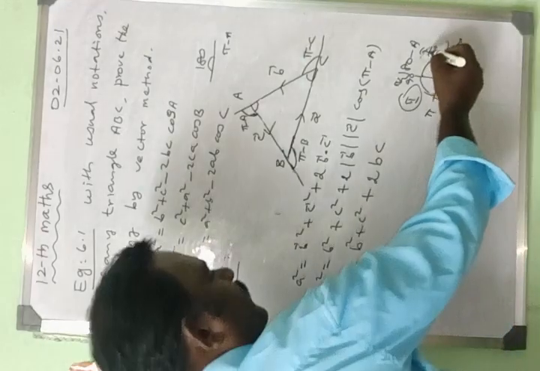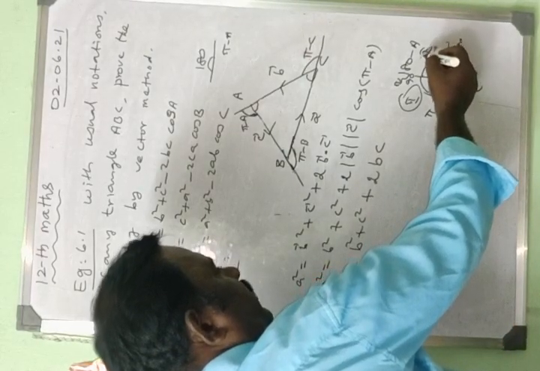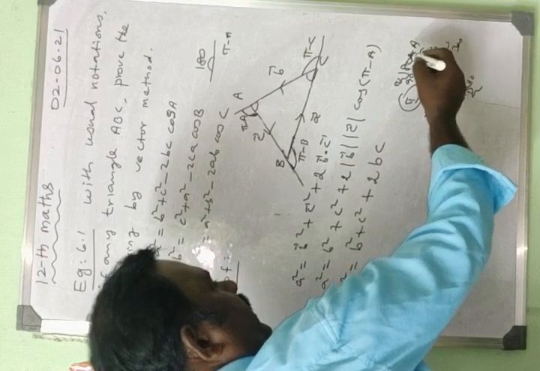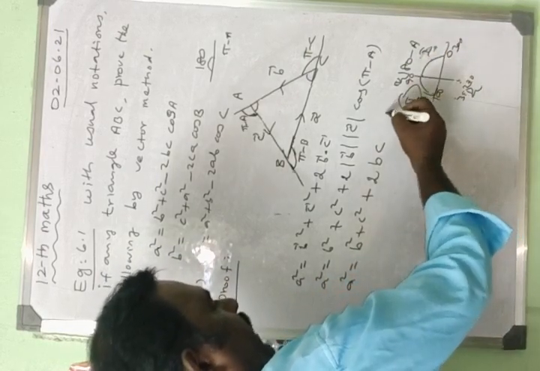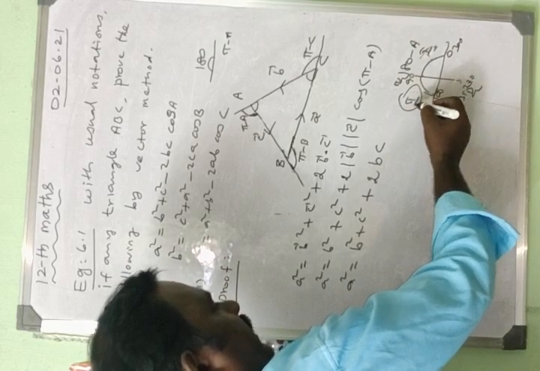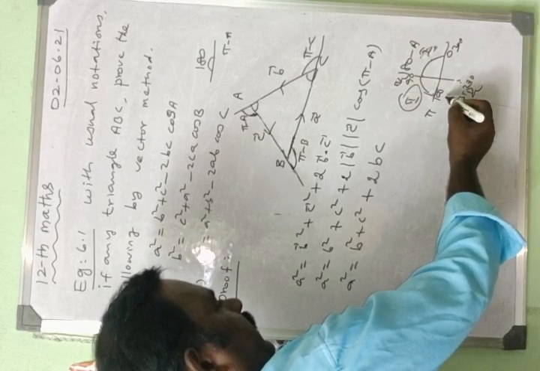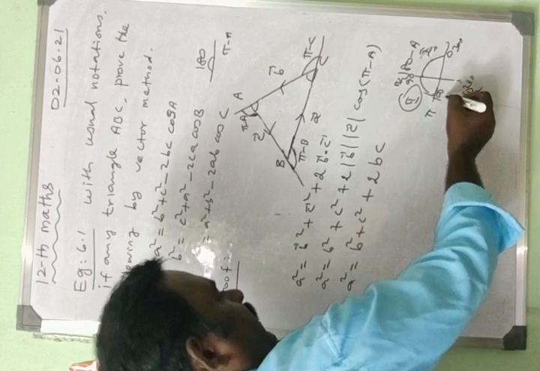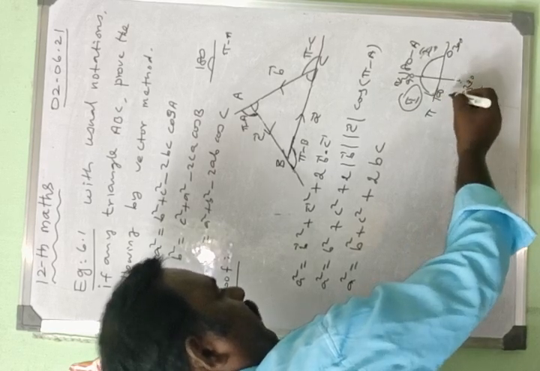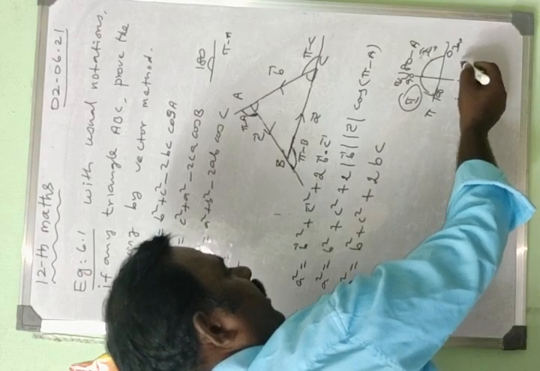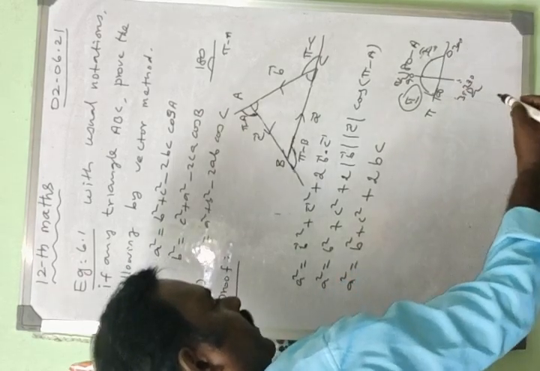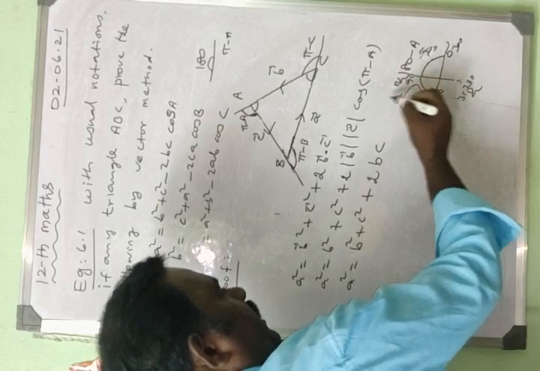In the first quadrant all ratios are plus: sin, cos, cosecant, secant, tan, cot, all ratios plus. In the second quadrant, sin and cosecant only plus, the remaining are minus. In the third quadrant, tan and cot only plus, the remaining are minus. In the fourth quadrant, cos and secant only plus, the remaining are minus. So in the second quadrant cos has minus sign.